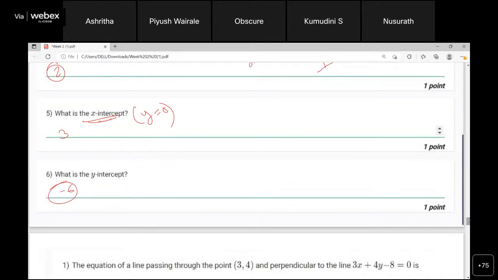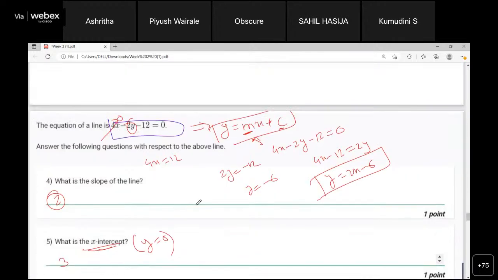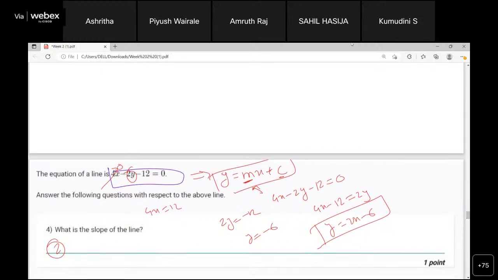My slope is coming minus 2. Actually, I get confused. Is the formula minus a by b or minus b by 2a? Minus a by b.